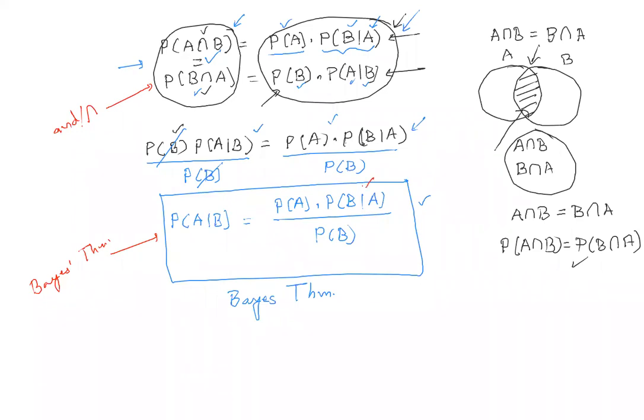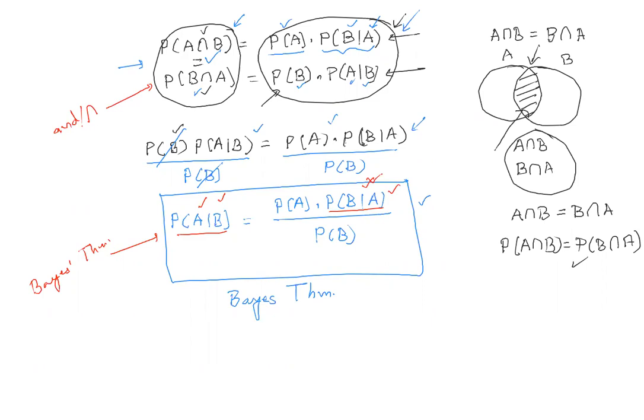That means you know the probability of B given that A has happened, but you want the opposite one: probability of A given that B has happened. So look at the difference between these two. The order is reversed. In this case, on the right-hand side, you know the probability given that A has happened. If you know that, you can actually find the probability of A given that B has happened. In the real world, there are many situations where you know one of the conditional probabilities, and you want the conditional probability the other way around.